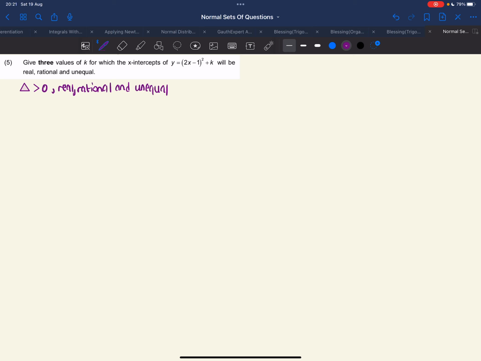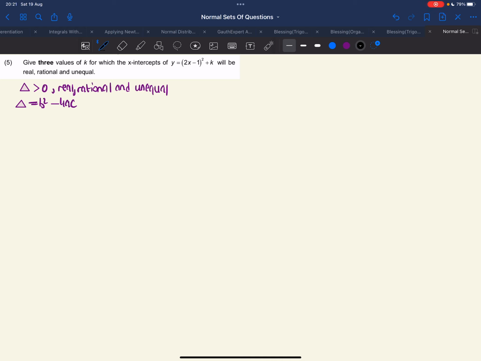Now remember, in the maths curriculum, the discriminant formula is given as b² - 4ac, right? Now we need to identify a, b, and c in this equation. For us to be able to identify that, we're going to need to expand the whole function fully so we can identify which is our a, which is our b, and which is our c.